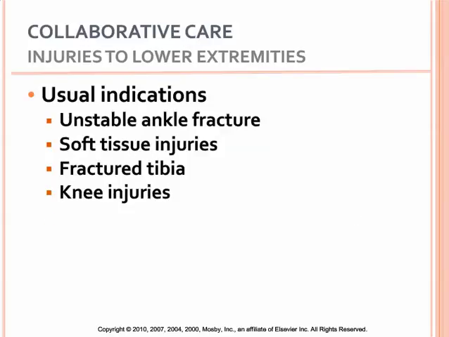The usual indications for a long leg cast include an unstable ankle fracture, soft tissue injuries, fractured tibia, and knee injuries. The cast usually extends from the base of the toes to the groin and the gluteal crease.